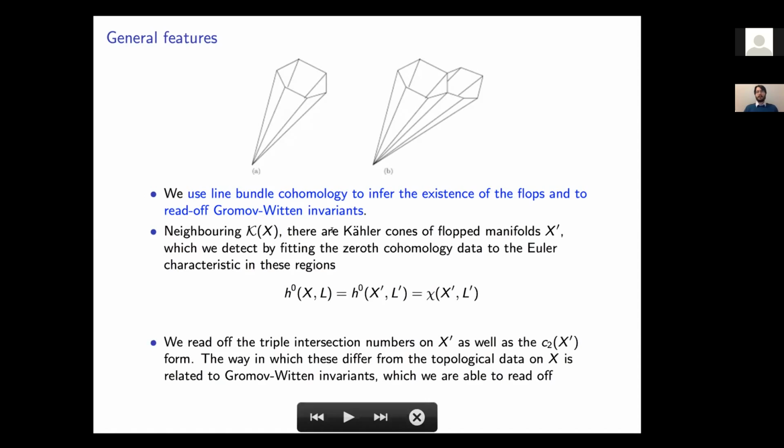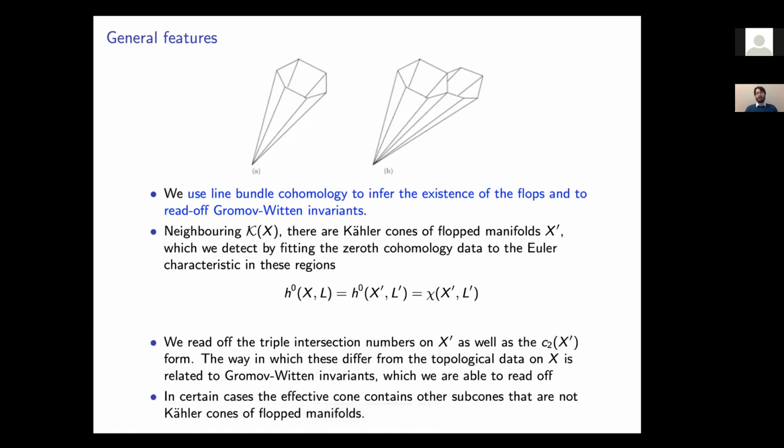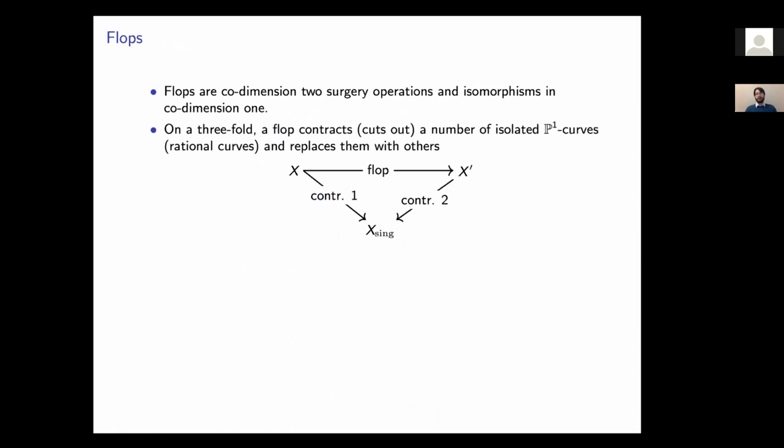So you read off the triple intersection numbers of X prime and the C2 of X prime from the cohomology data, and you see that they follow the pattern that is expected from a flop transition. And these formulae contain information about the Gromov-Witten invariants.